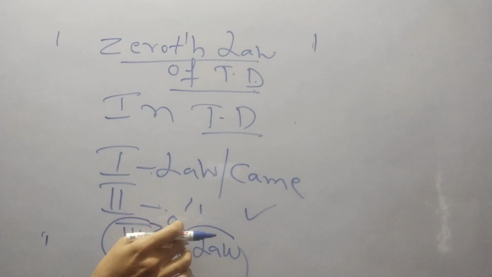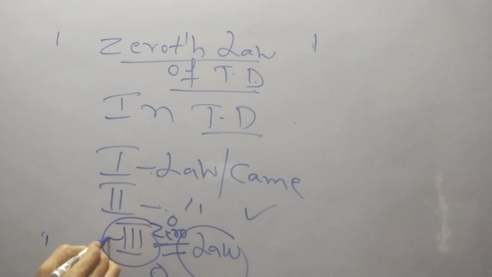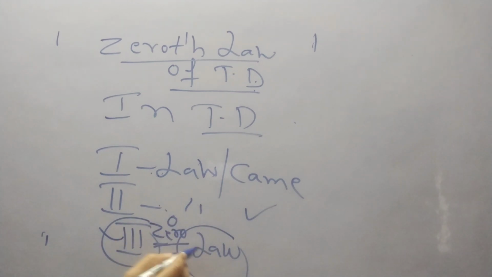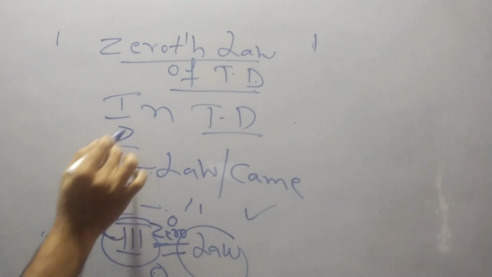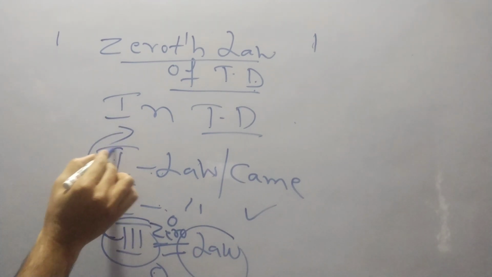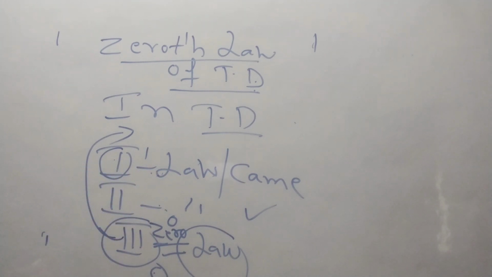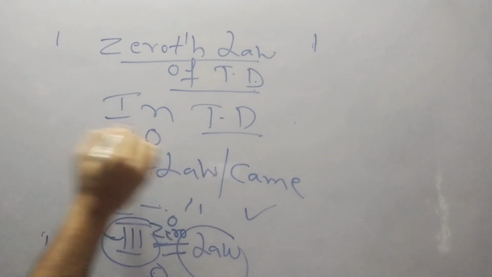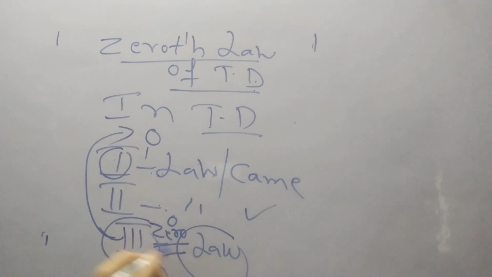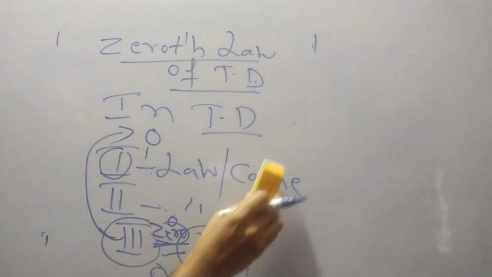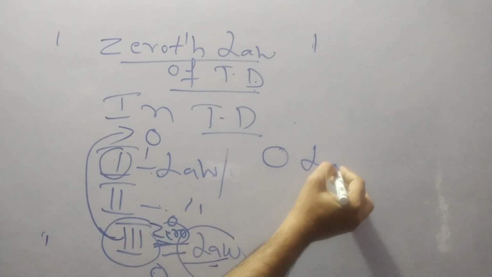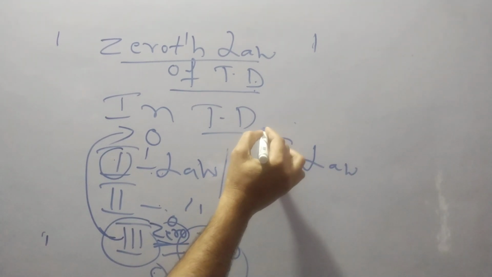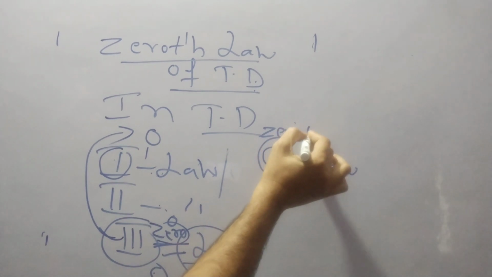Because of that important parameter, it has to go above the first law. Above the first law means, since number 1 is already given, before number 1 the number is 0. So that's why this law has been given the number 0, and instead of 0, they write ZERO, zeroth law.